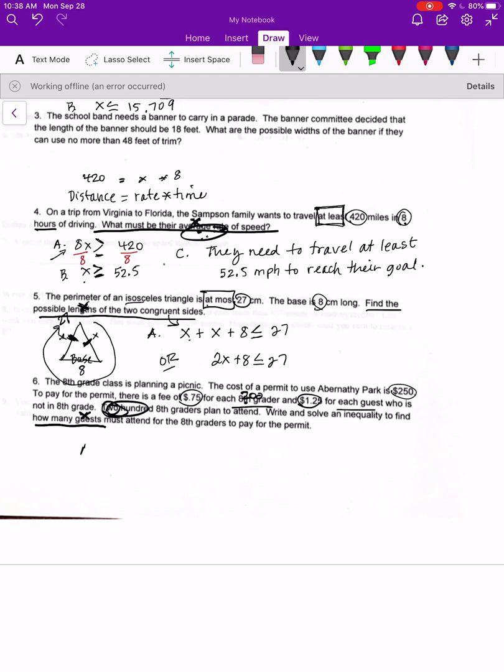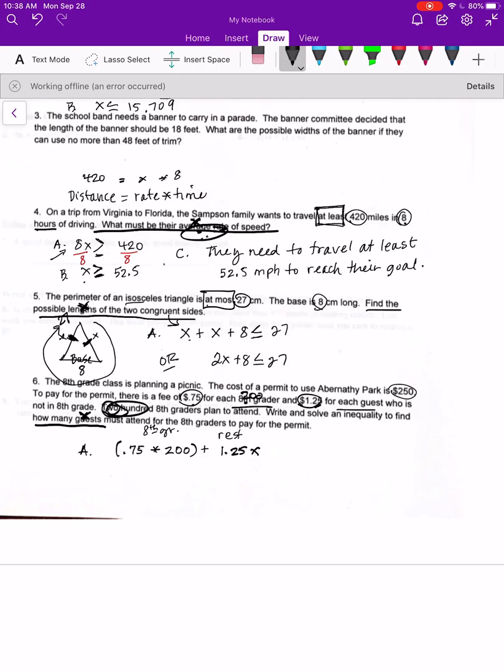So what would my inequality look like? Well, 75 cents times the 200 people would be the one part. That's for the 8th graders. And then we have the rest. How much do the rest get charged? They get charged $1.25, and those are guests, and we don't know how many are coming, so that's our x. We're going to multiply it by.